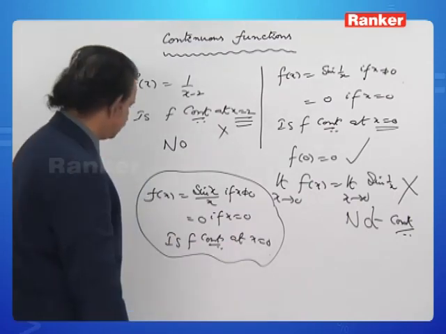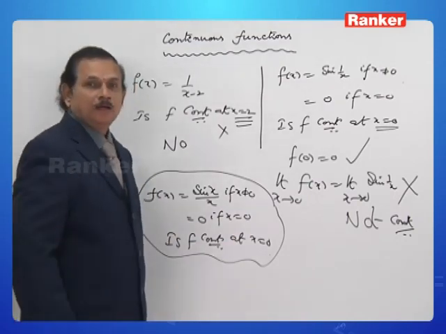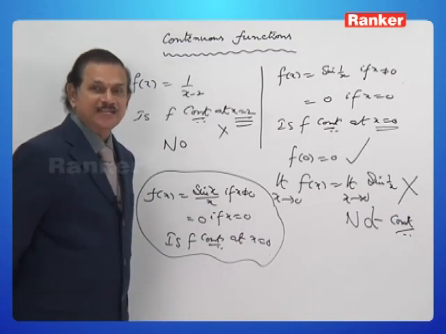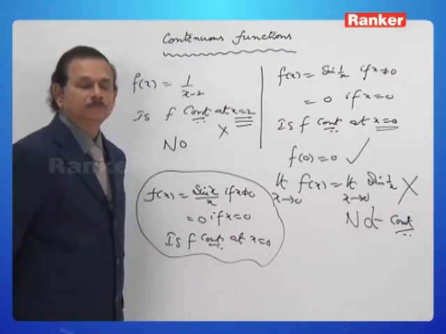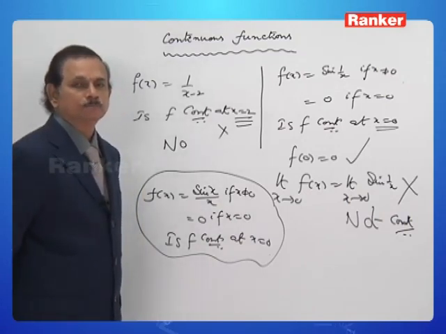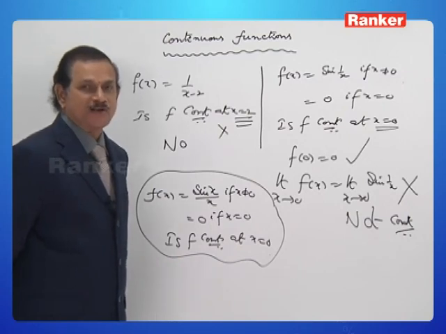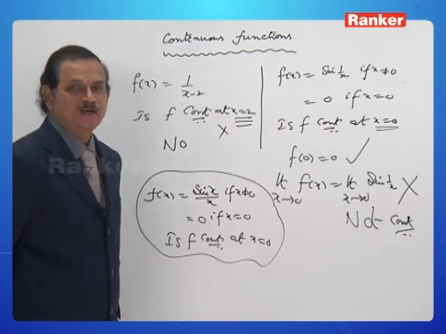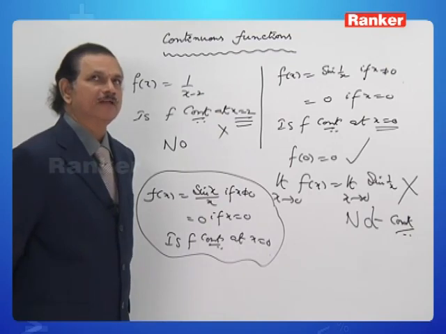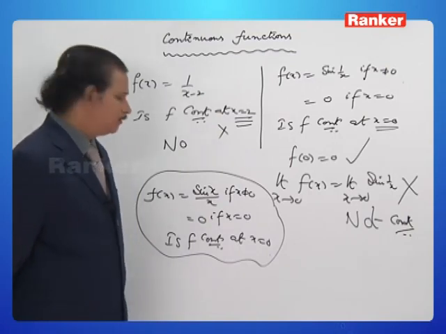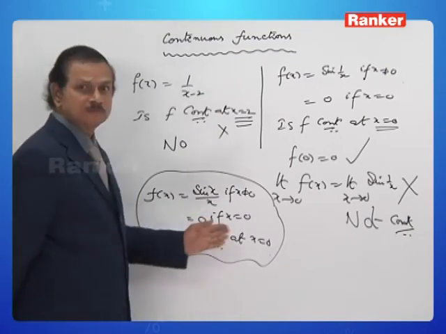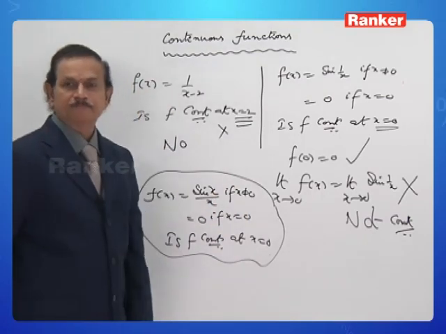Observe this question. What is the point of continuity he is asking about? x = 0. In the list of conditions, what is the first condition to be verified? f(a), that is f(0). Is it defined? Yes. First condition, okay.